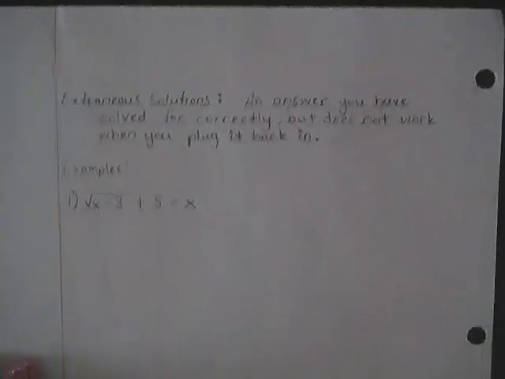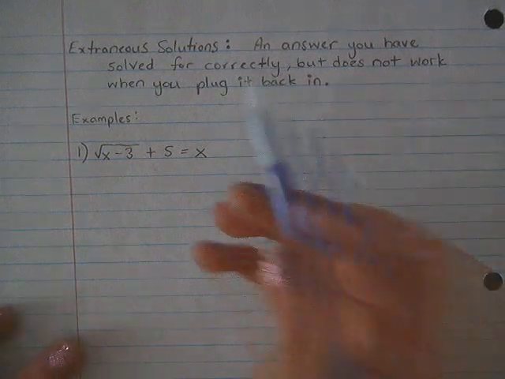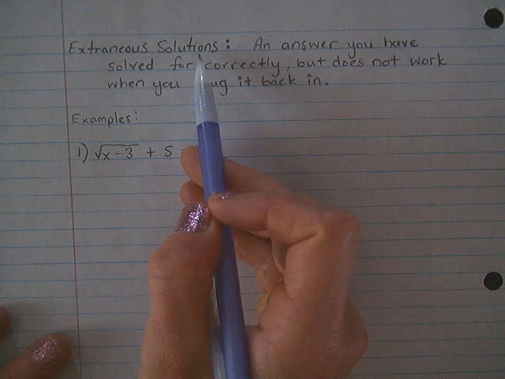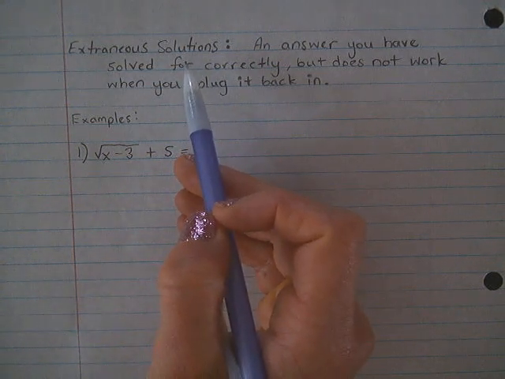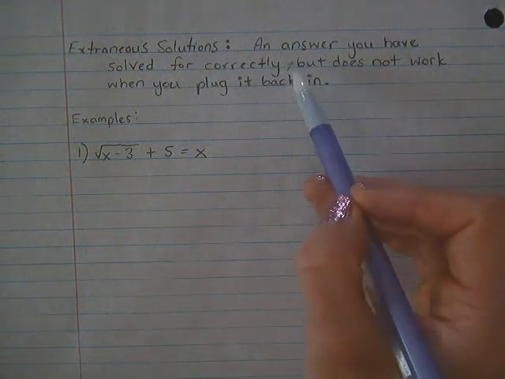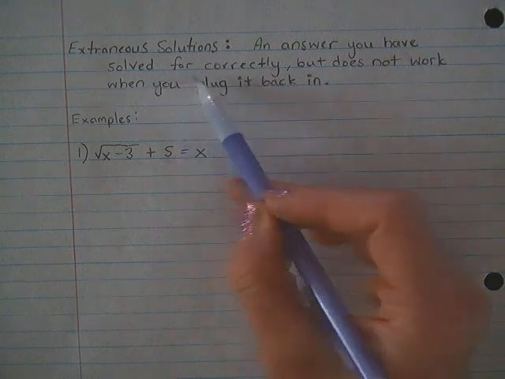Okay. So today you're going to find out that some of the problems that we do will end up with what are called extraneous solutions, which can happen at times when you're solving a radical equation. So what is an extraneous solution? Well, it's an answer that you get when you've solved the problem correctly.